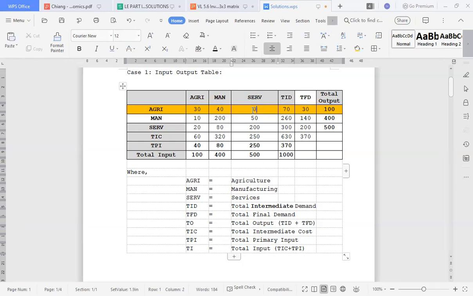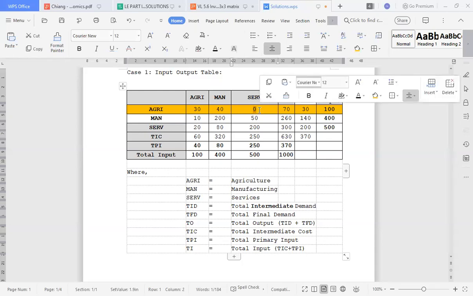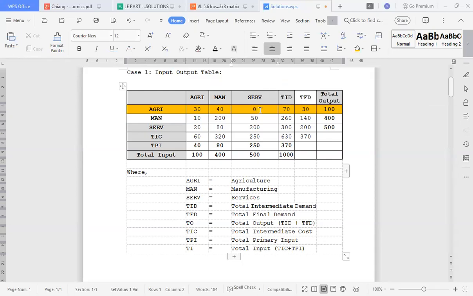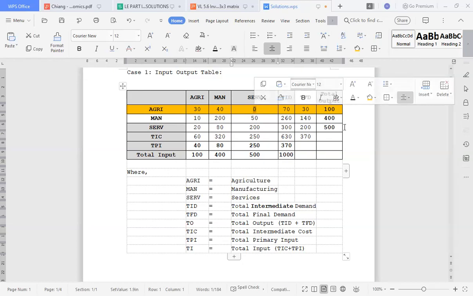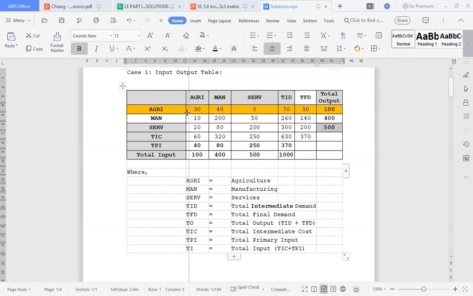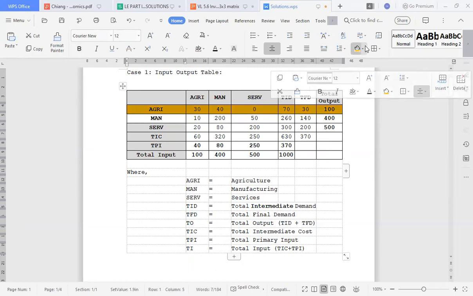And again, this is what I mentioned earlier, it can be zero. Meaning that in the output of agriculture, nothing was allocated to services at all. So I'll do the same for services just to complete our analysis.